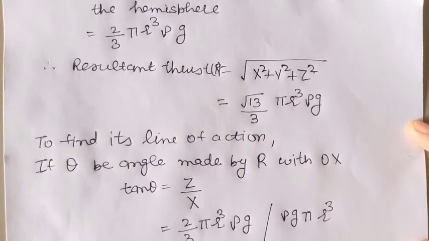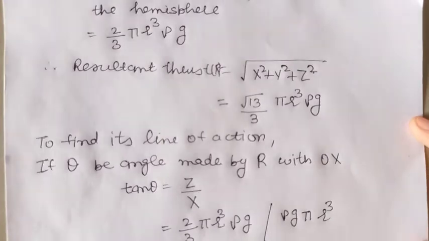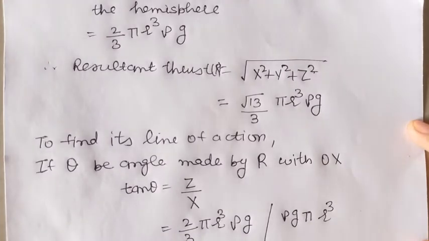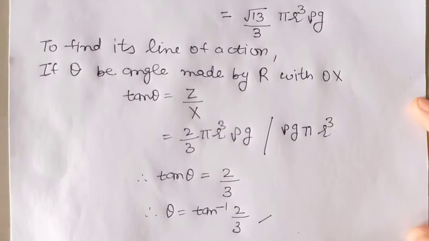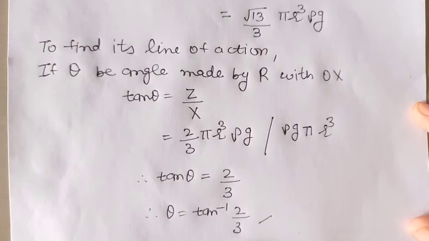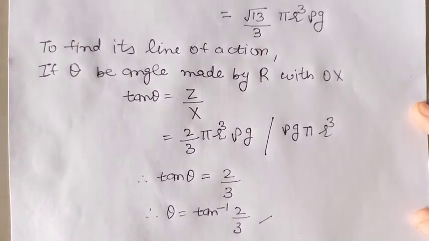So tangent theta becomes 2 by 3. From here we can find the value of theta, which is tangent inverse 2 by 3. So this gives us the line of action for the resultant thrust. And this completes your chapter, pressure on curved surfaces.